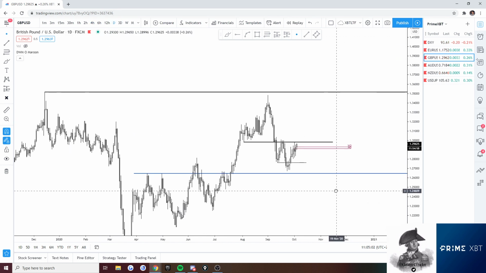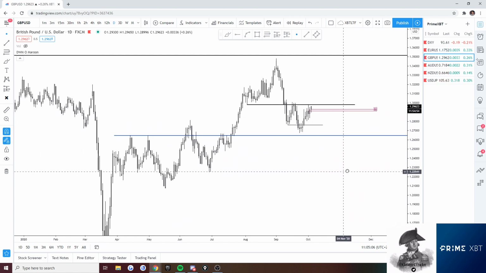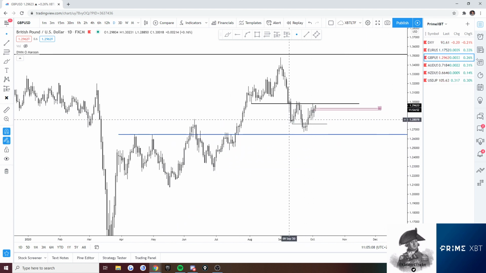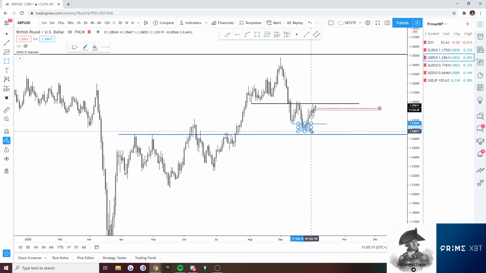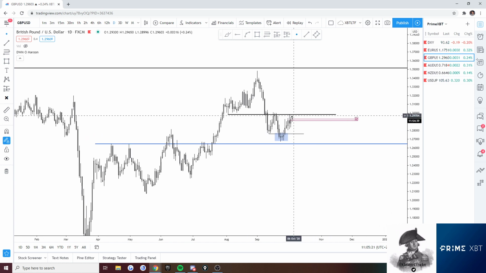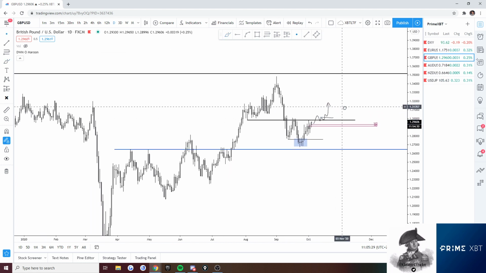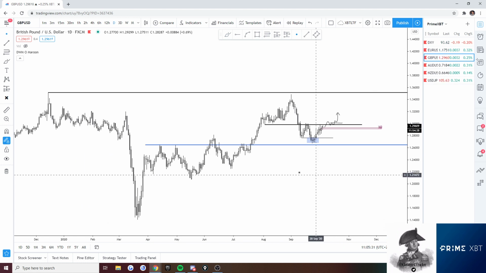the British pound versus the US dollar, a similar plan. We had this low being made, then a retest of resistance, sold off again, deviated below the low right here, strong reclaim, traded higher, now we're retesting that level again. What would be the bullish case? If we manage to break above, hold above, then we're most likely going to trade higher, just like EURUSD.